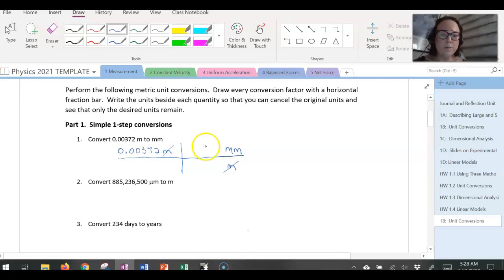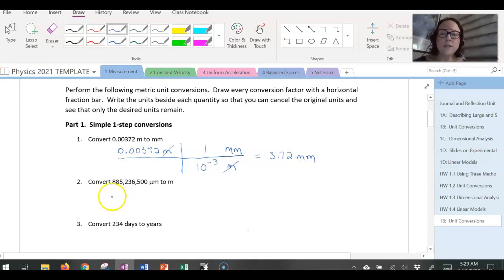So 1 millimeter is 10 to the negative 3 meters. When I do this math, I'm taking 0.00372 and dividing by 1/1000th, and that gives me 3.72 millimeters as a result.